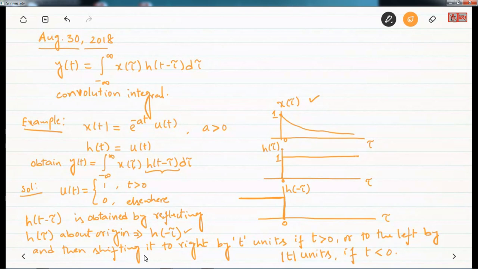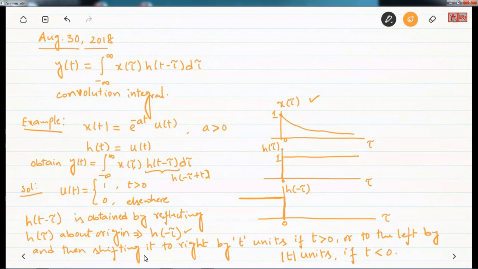But what do we want? H of t minus tau, right? We are writing that as h of minus tau plus t. This is also correct, right?